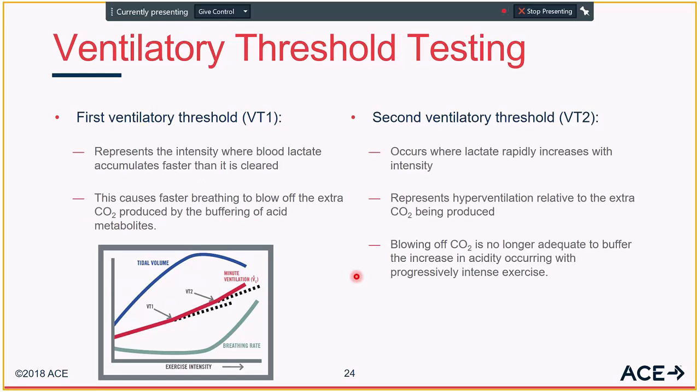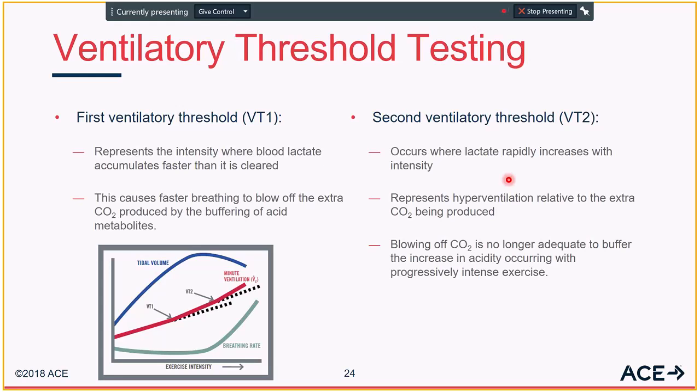So thresholds, ACE uses VT1 and VT2, so it's your ventilatory thresholds. VT1 is when, say, you're doing a light jog and just heavy breathing, but you're still able to function just fine. And then VT2 would be like really, really hard work. So think about when you're doing a sprint and you have a burning feeling in those legs, you can't do anymore and you're super heavy breathing.